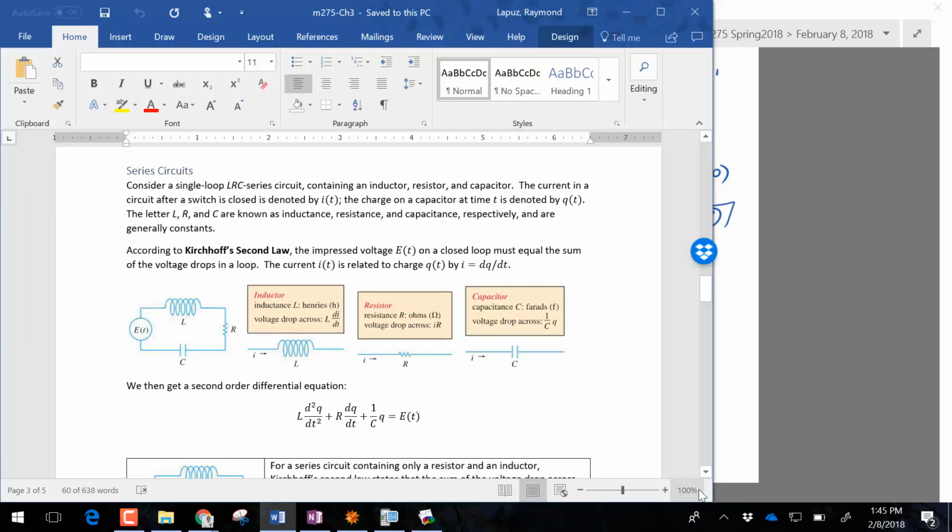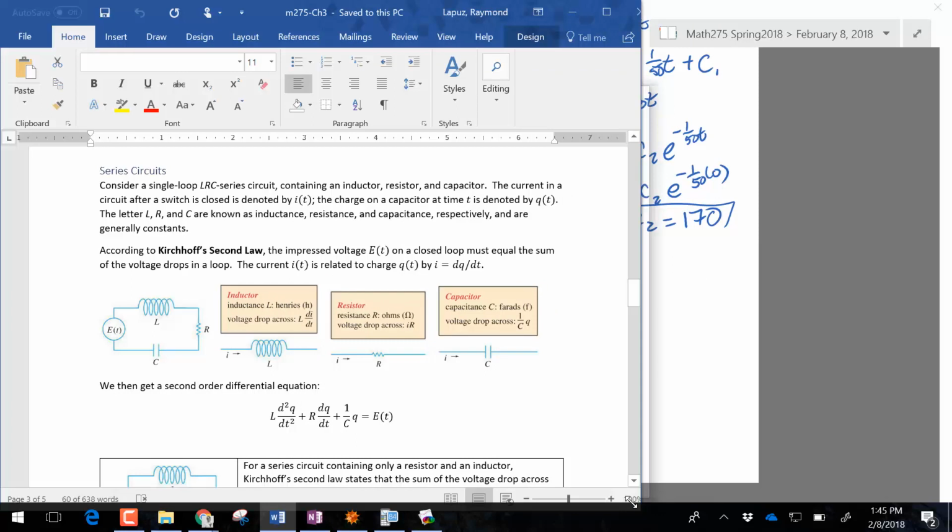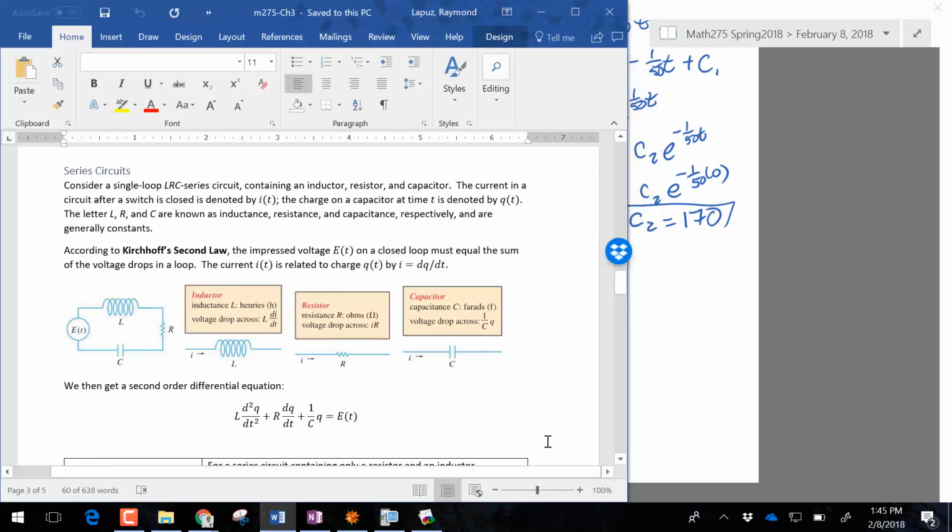Oh, so the circuit setup. This is one of those examples back in 1.3 where we ended up with a second order differential equation. So this is the setup for that section, and we get a second order differential equation.